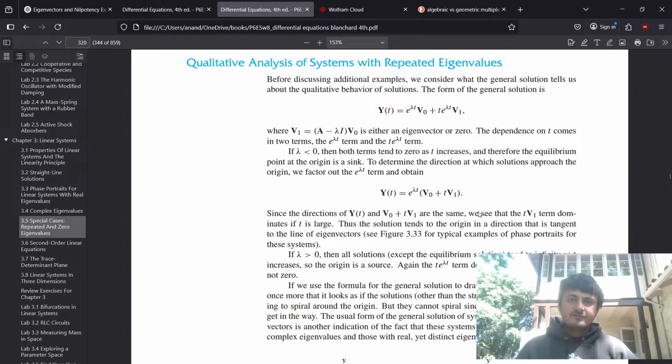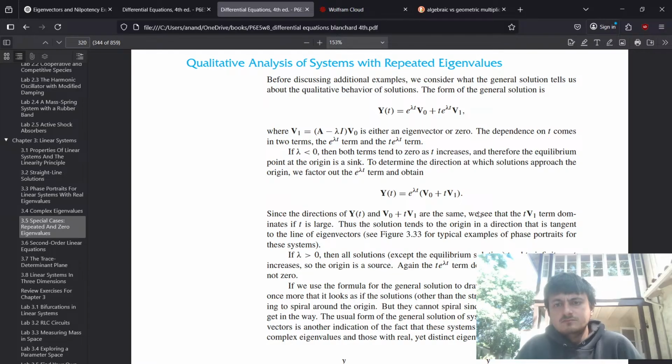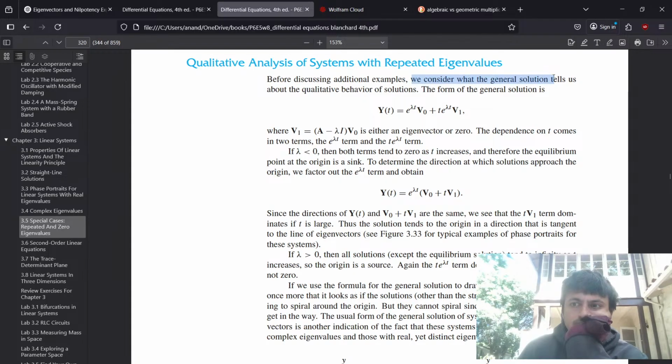All right, the qualitative analysis of systems with repeated eigenvalues. Before discussing additional examples, we consider what the general solution tells us about qualitative behavior of solutions. The form of the general solution is this.